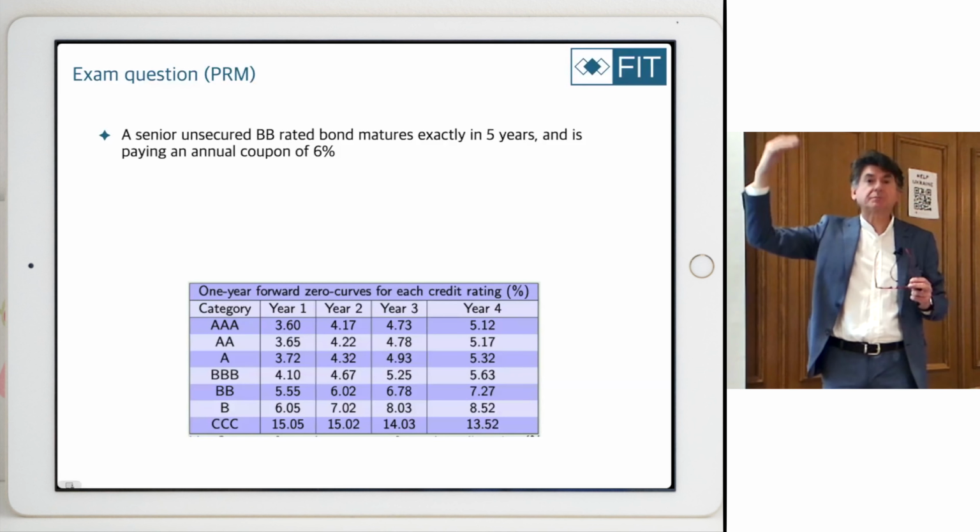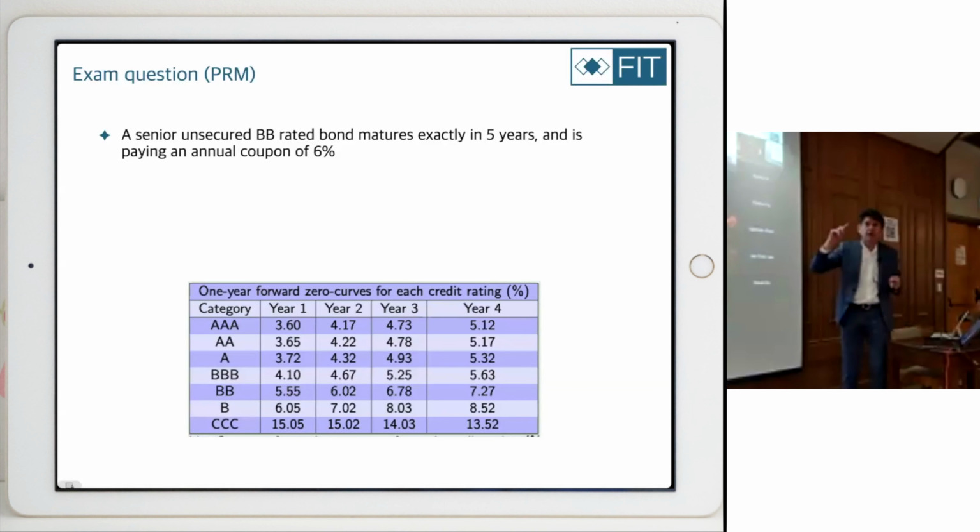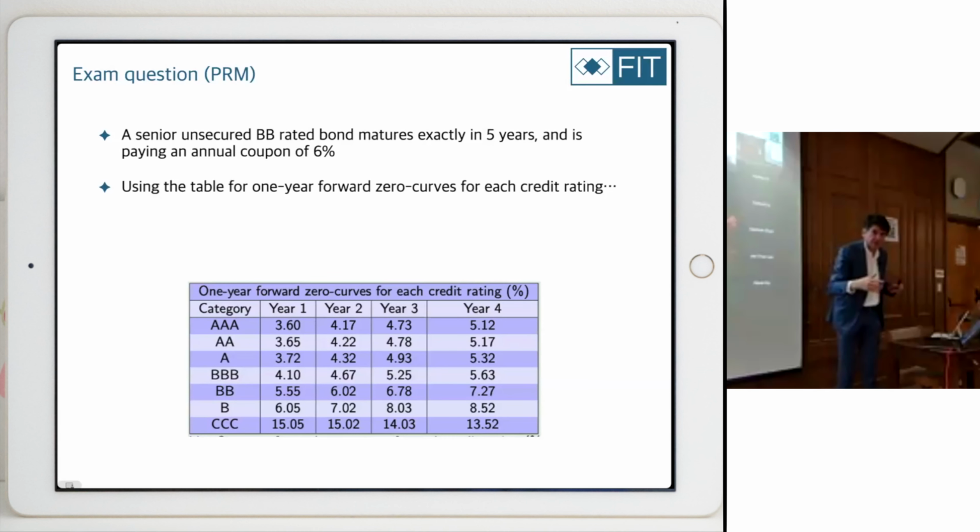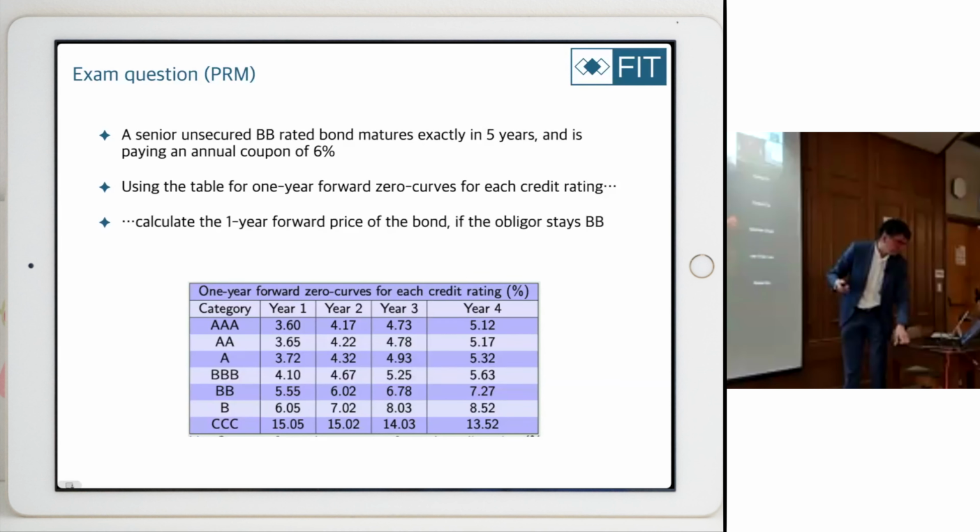So I'm going to use the spot rate a year from now. That's what the forward is, right? They're not asking for the present value. Then I would have to use something different. They're asking for the forward value. They're asking for the 1-year forward price. That's why I have to use the forward rate.